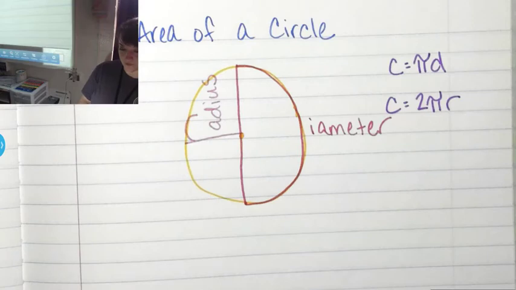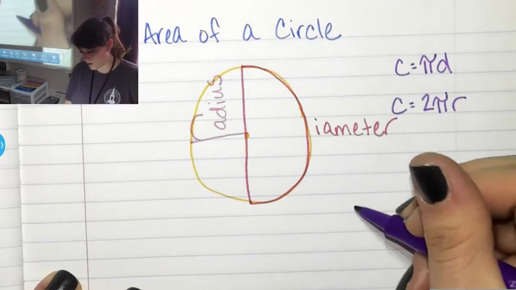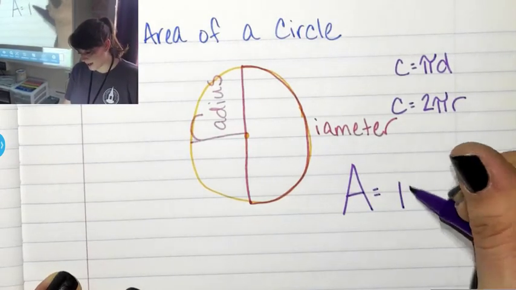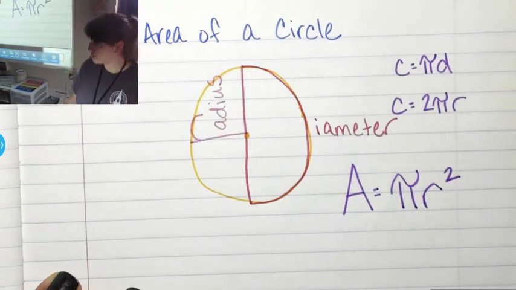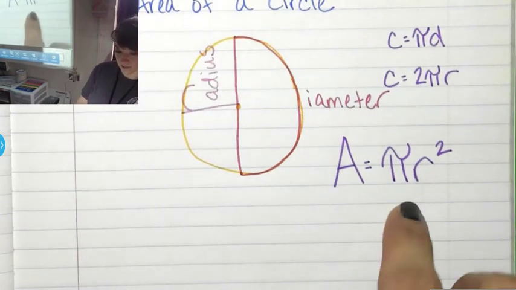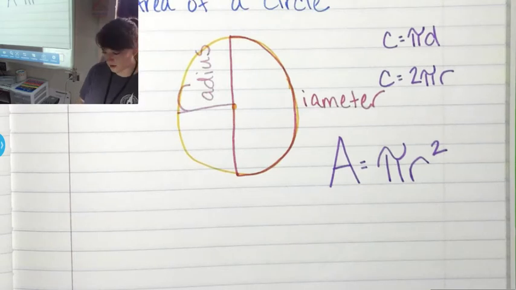Now, yesterday, we figured out that the area of a circle, A, is pi r squared. And that r squared means r times r. R times r, that's important.